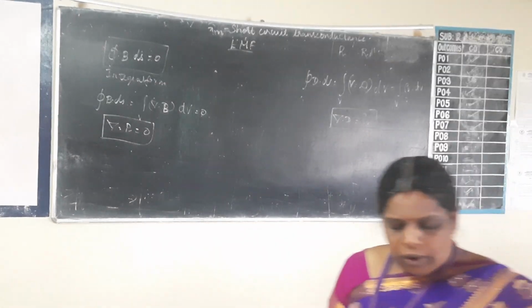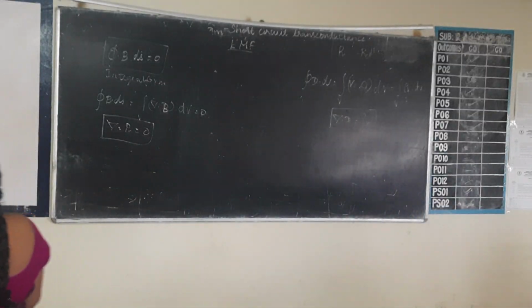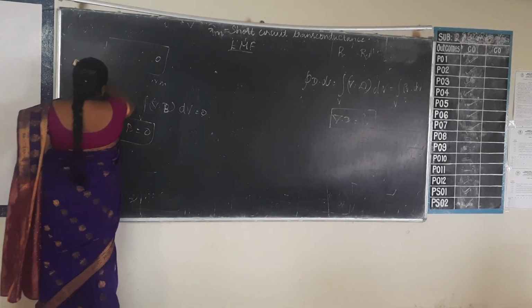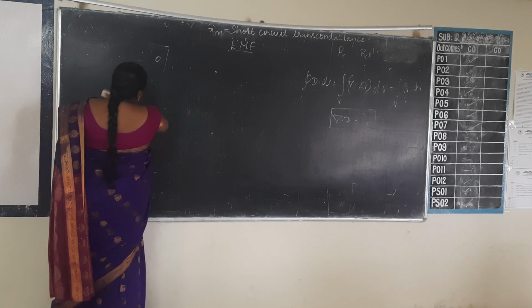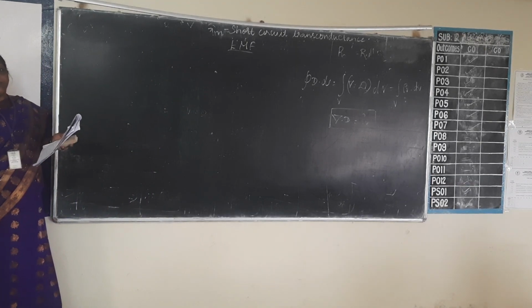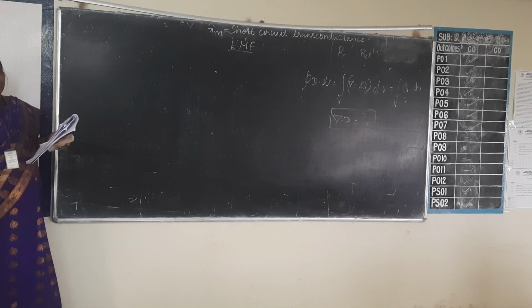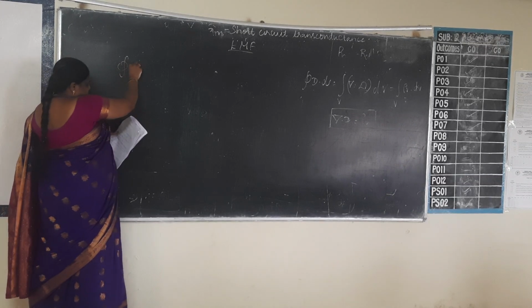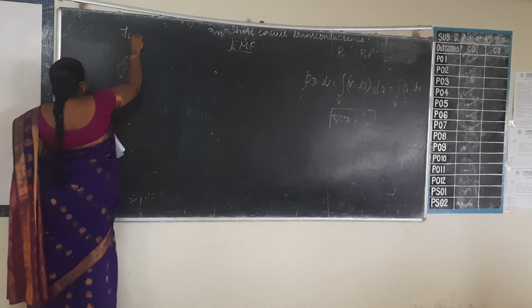Maxwell's equations for time varying field. In a time varying field, we include that the equations are varying with respect to time. Only that change. Okay? Let me say the first one from Faraday's law.